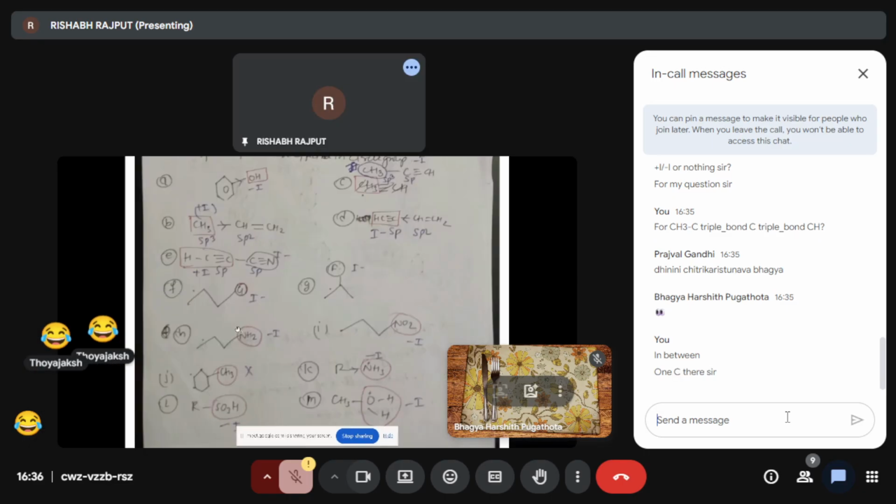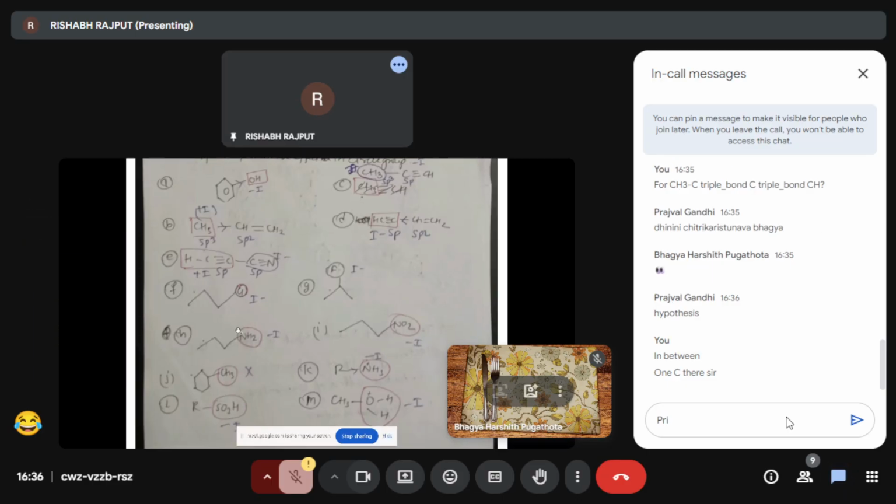Between two carbons only a triple bond is there, then it is CH3 only. You are saying it like this, right?